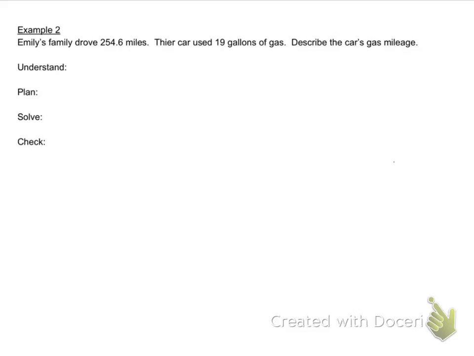Instead of rewriting it, we know they go how far? 254.6. We also know they use some gas, and how much of that do we use? 19 gallons. So that's something that we have to understand. We also need to understand what it's asking us to find, and that is the gas mileage.